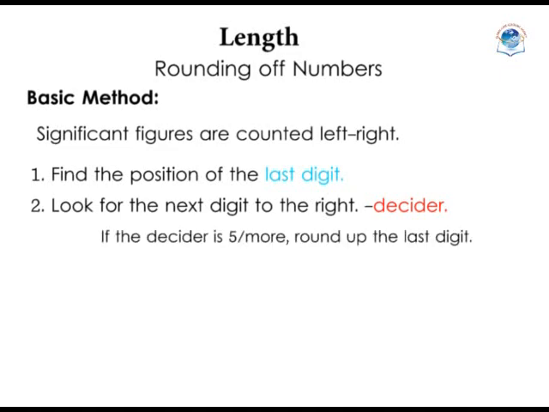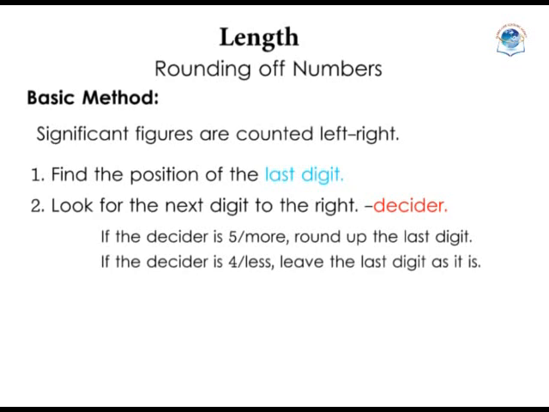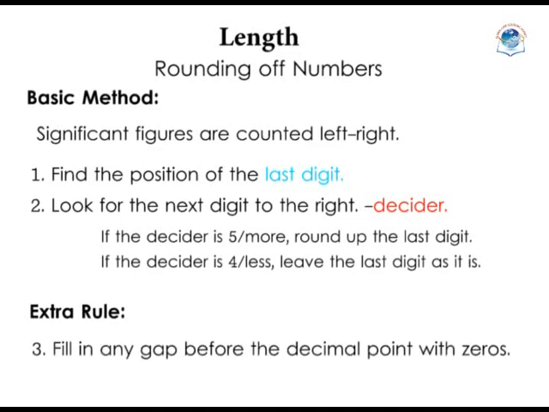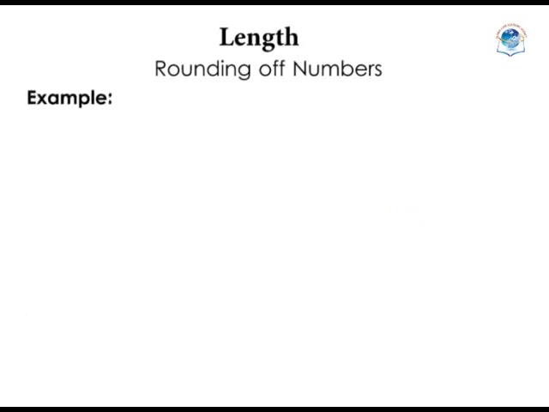If the decider is 5 or more, then we round up the last digit. But if it's 4 or less, we leave the last digit as it is. Now here's the extra rule for some significant figures. You need to fill in any gaps before the decimal point with zeros. Let's take a few examples.